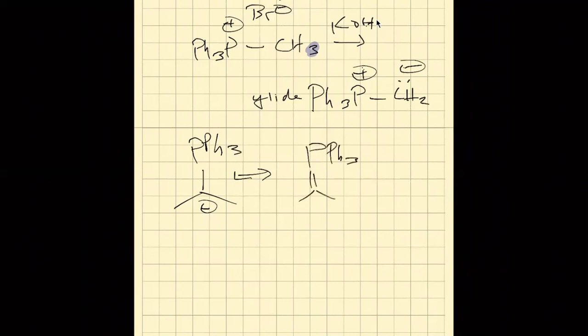Either way is fine. Both of them represent the same thing. You can write it with the pair of electrons shown, or you can write it with the double bond between carbon and phosphorus. It doesn't matter. It's still gonna have the same reaction.